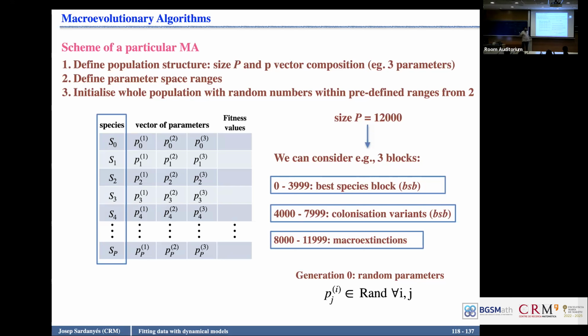But you can do it however you want. You can, for example, use 10,000, 1,000, 1,000. This is up to you. Depending on the method, you will be more exploratory or more exploitative. And of course, at generation 0, we put random values in the ranges of each of the 3 parameters that we have.